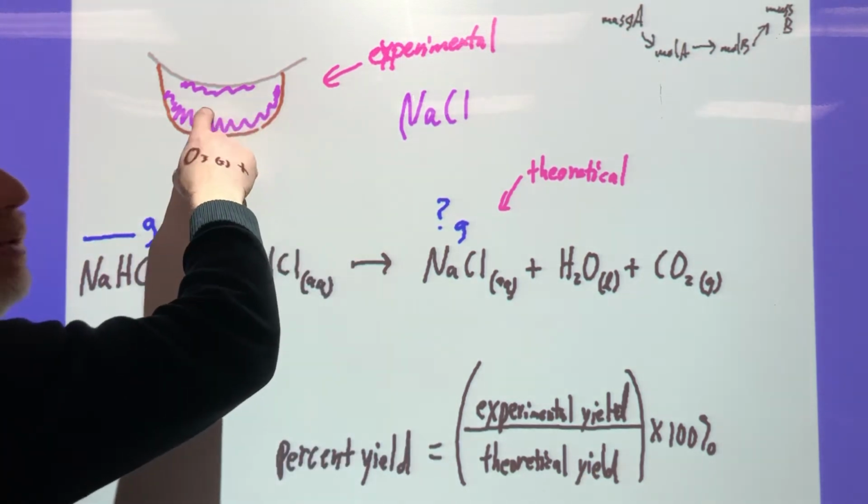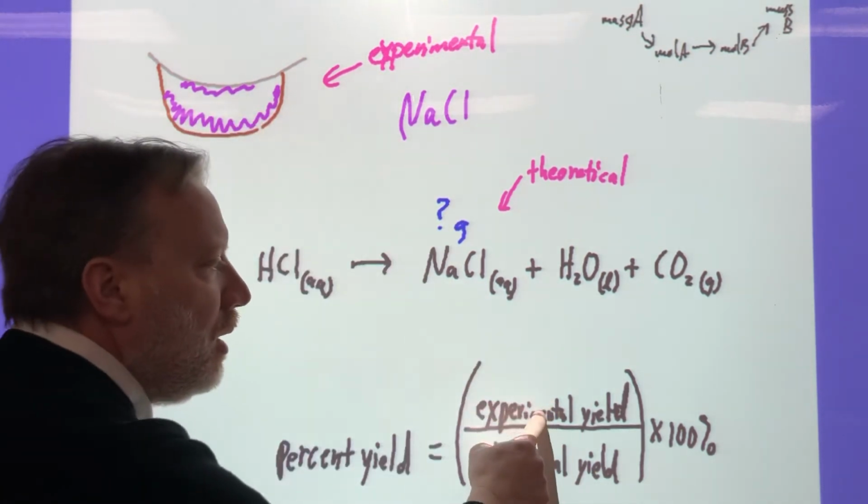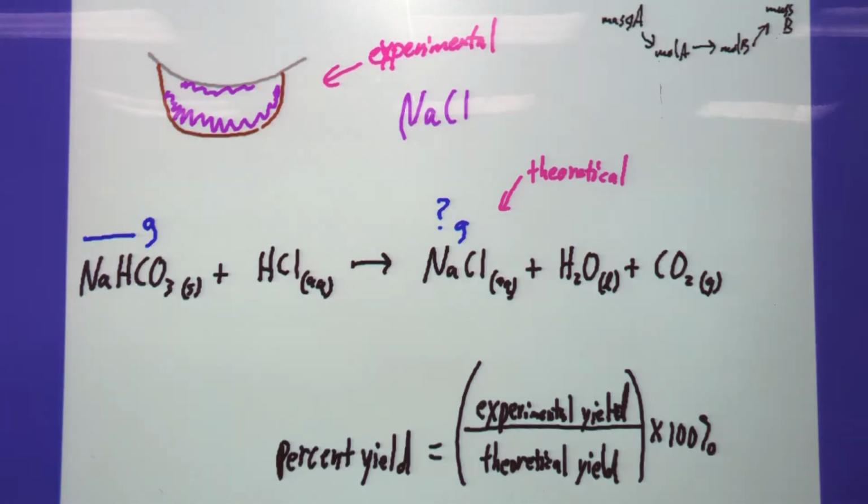Your experimental, what was in the actual container, goes here, and you calculate your percent yield.